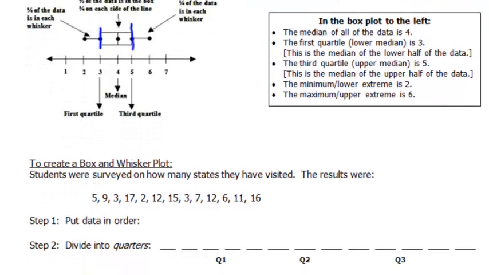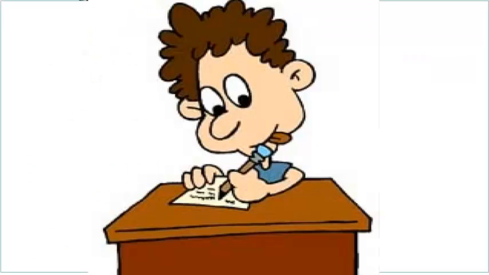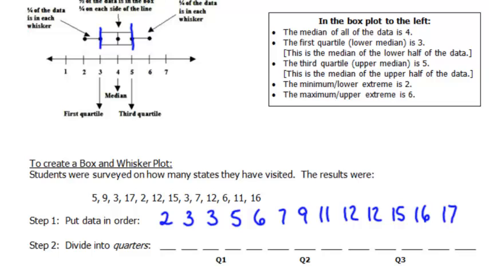We want to take our data and break it up into quartiles. So to create a box and whisker plot, the first thing we do is put the data in order. You guys can pause here and do that on your own. You should have your data in order, and now we're going to divide it into quarters. As you can see, there are 13 pieces of data.